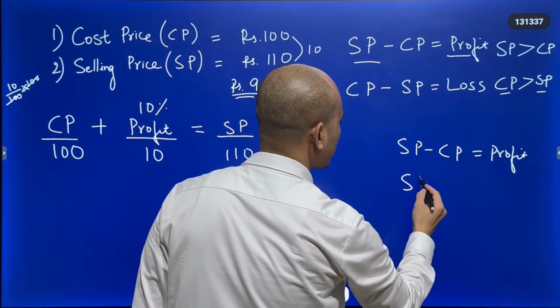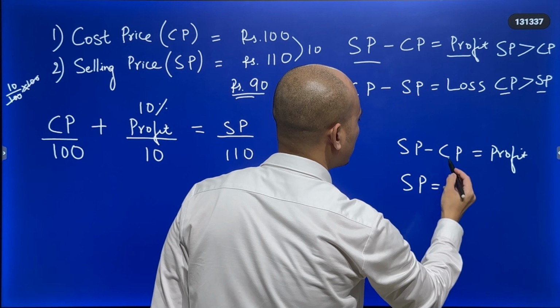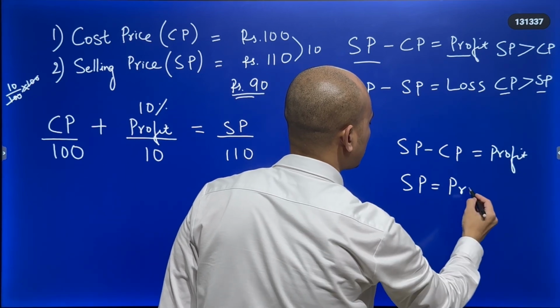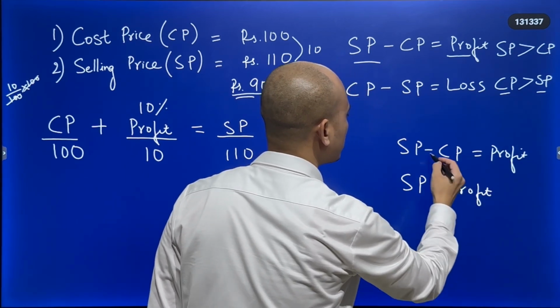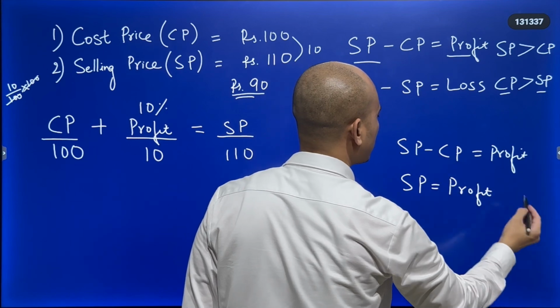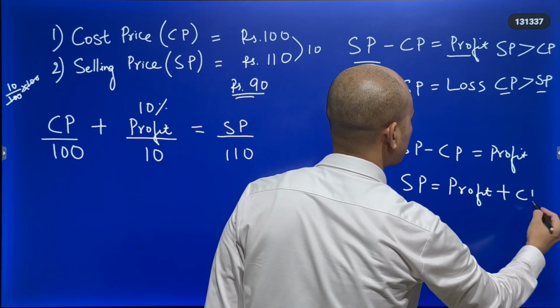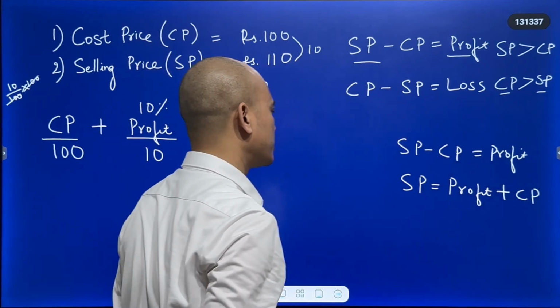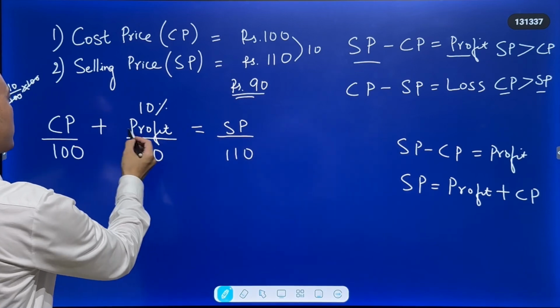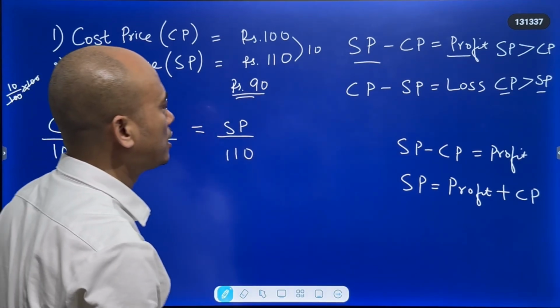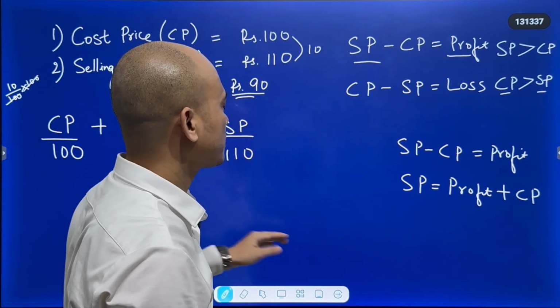Now if I want to find SP, I have to move this CP to the right side. So if we move it to the right side, the negative will become positive. So SP is equal to profit plus CP. Same thing, so this one and this one are the same thing.